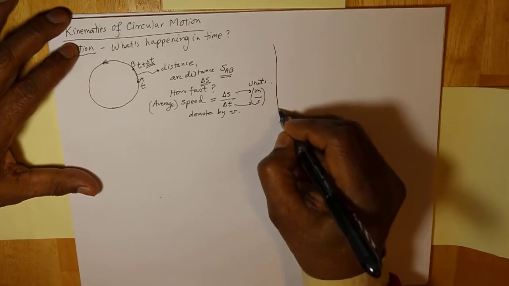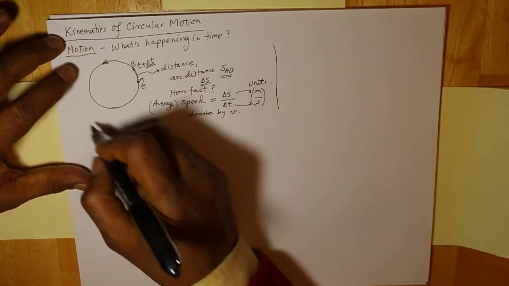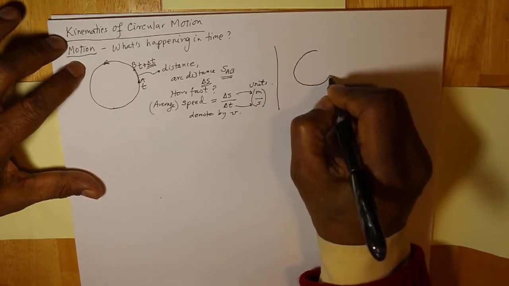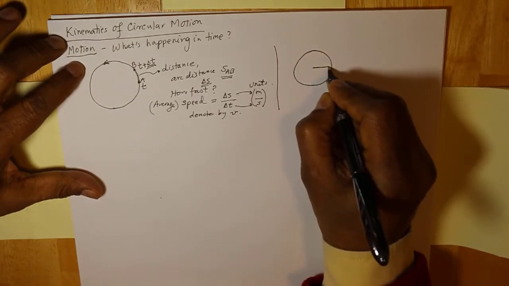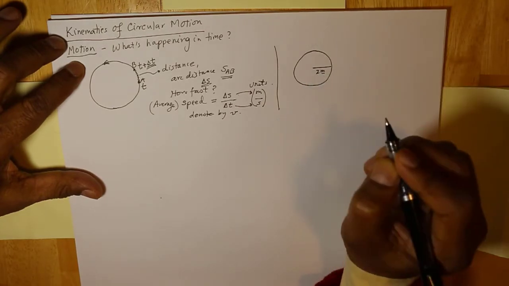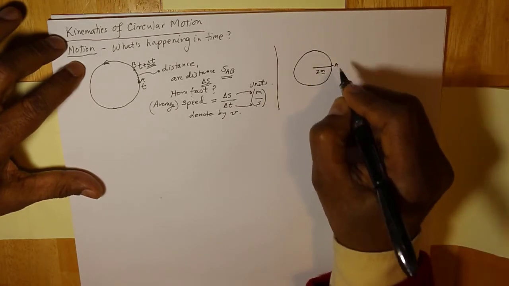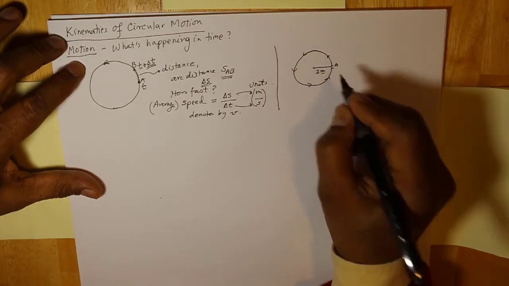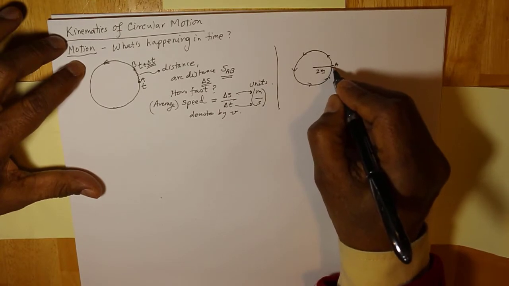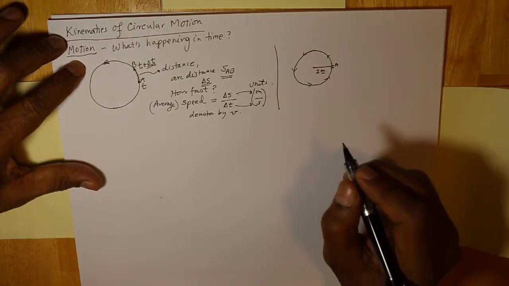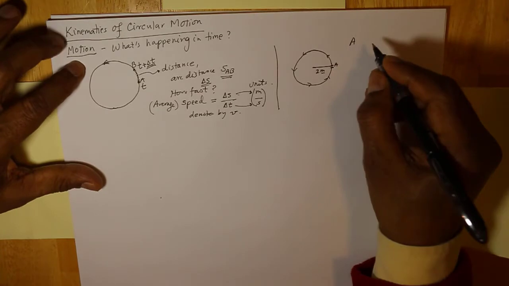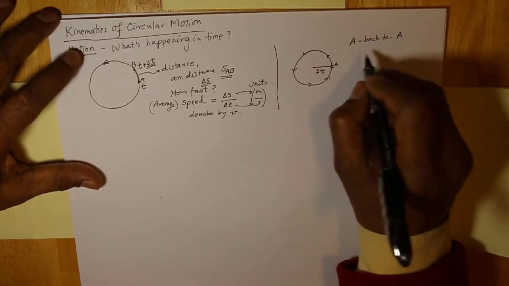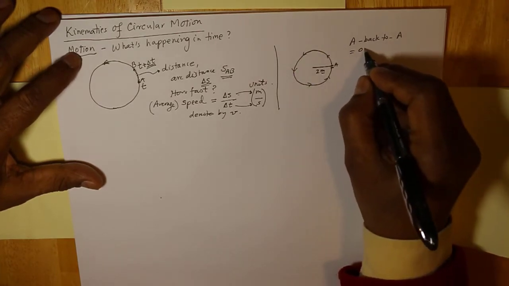So one way to get a feel for it is to say something is moving in a circle, has a radius 2 meter, and it went from A all the way around the circle back to A. So that means it went one circumference.